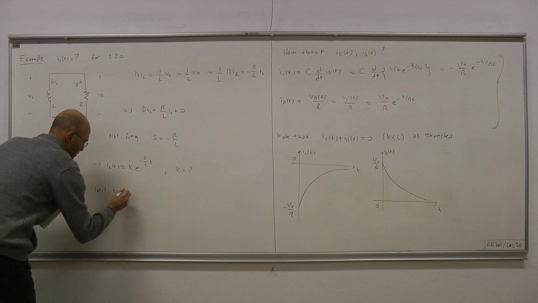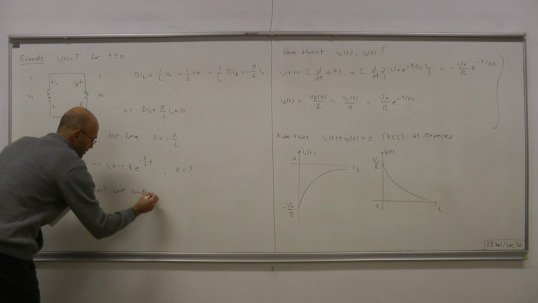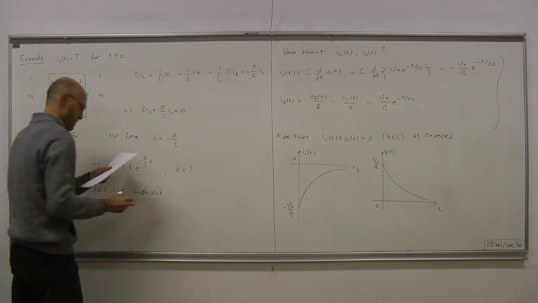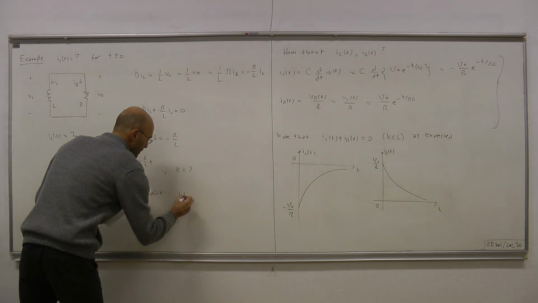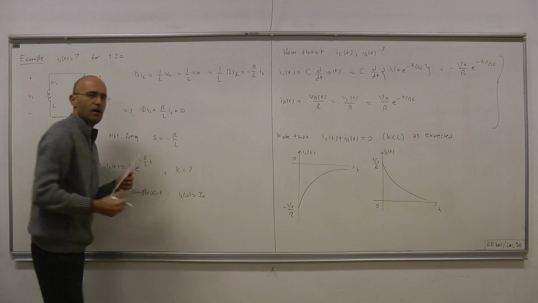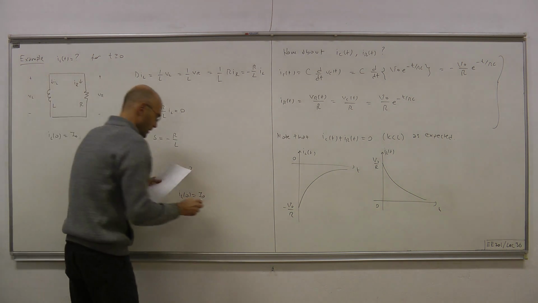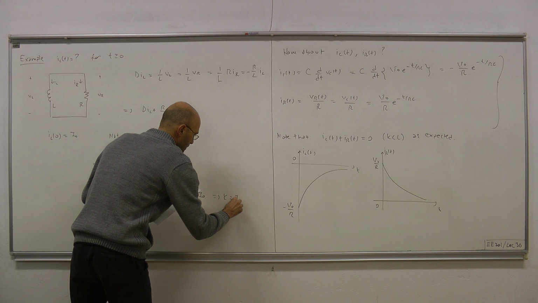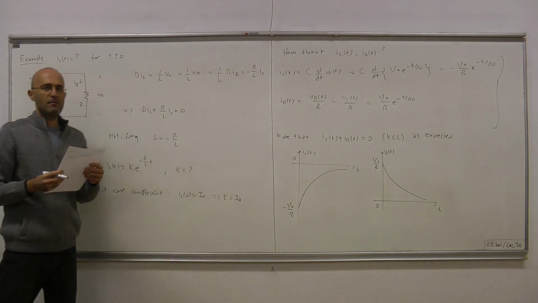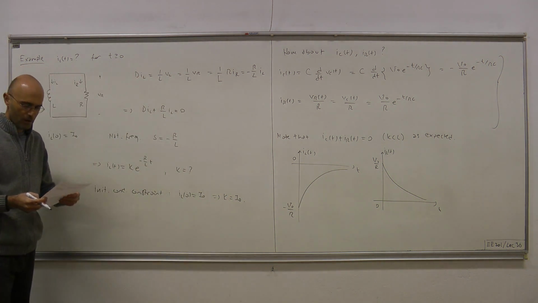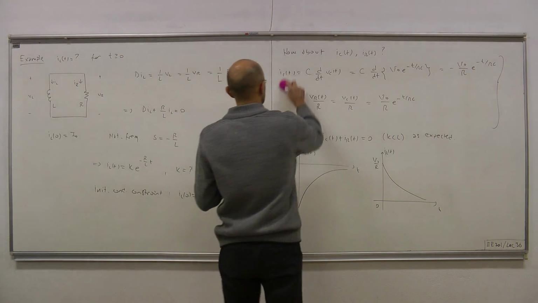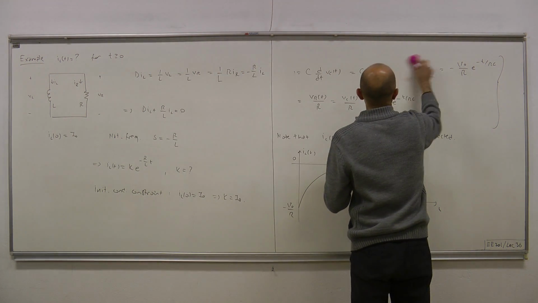Initial condition constraint: IL0 must be I0. That says K must be I0. Hence, we have obtained the solution for ILT.